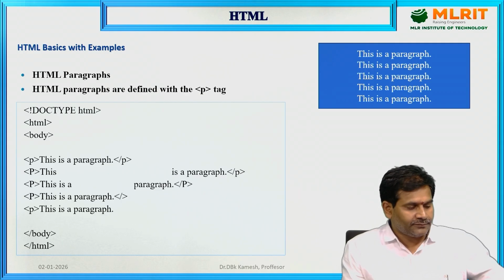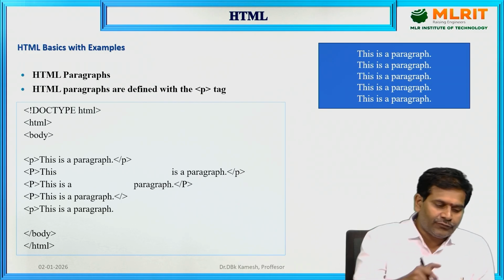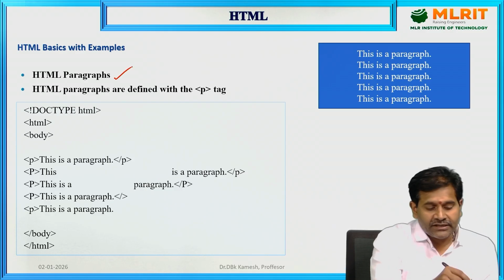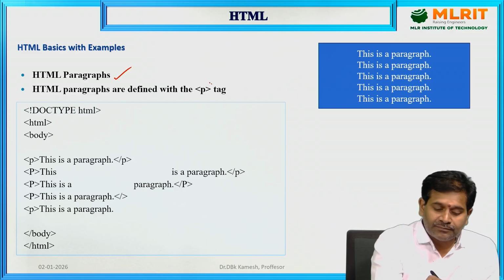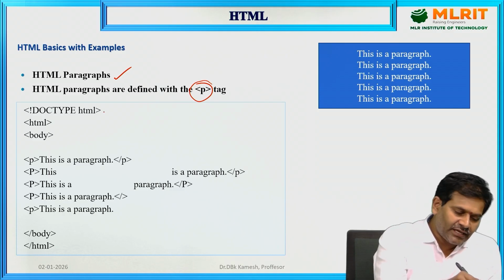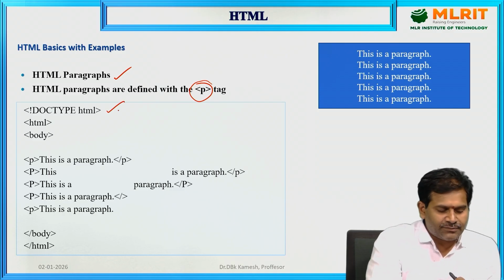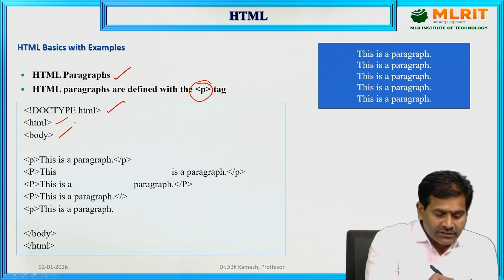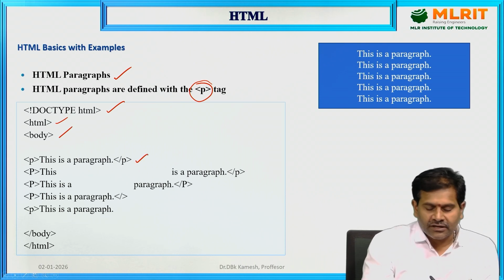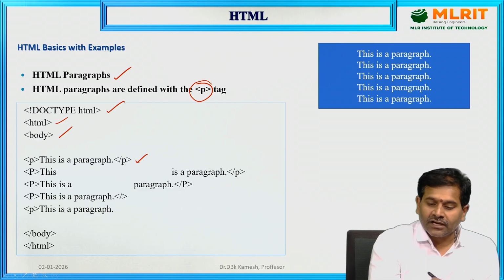Next, we have used some paragraphs. An HTML paragraph is defined with the paragraph tag. Same as before, we use HTML followed by the HTML body. Inside the body, first one, this is a paragraph.